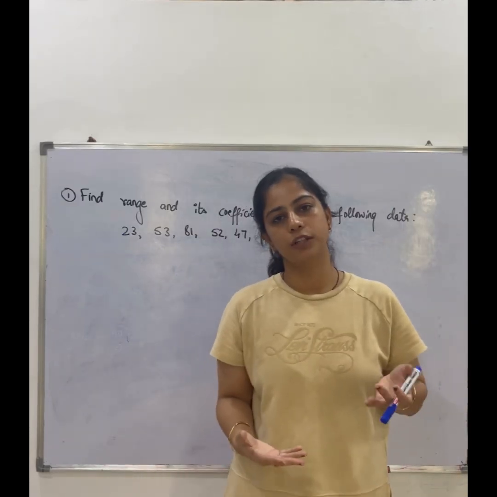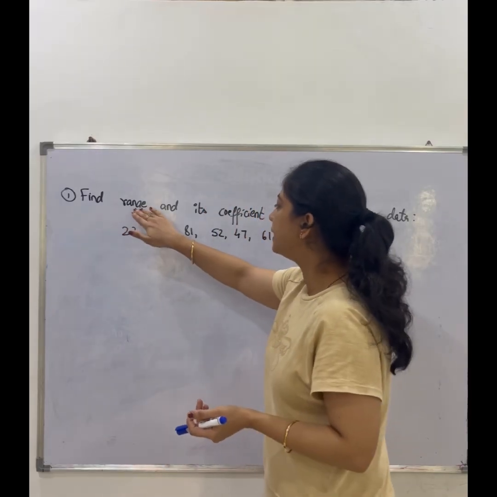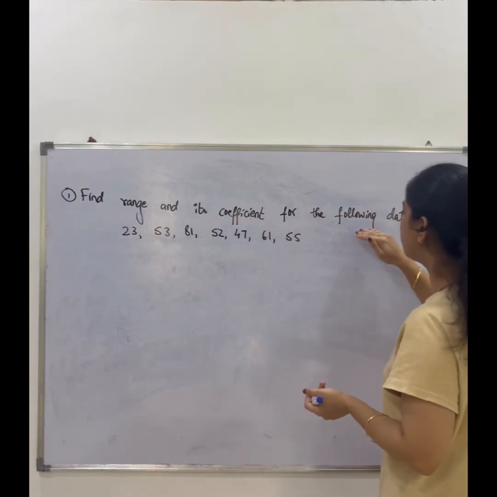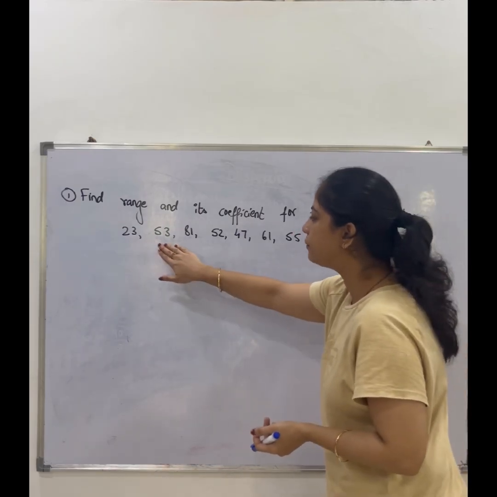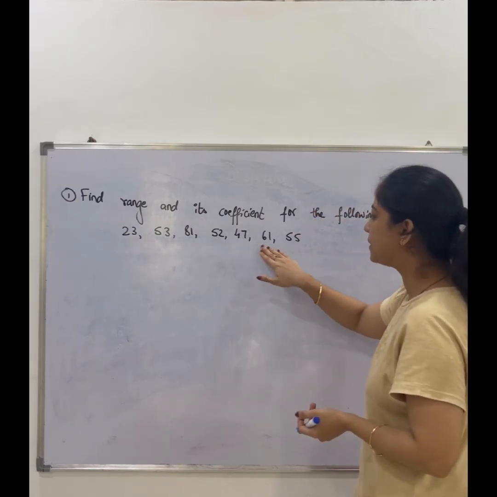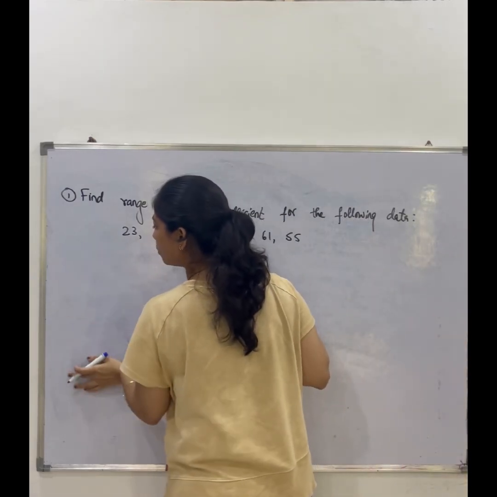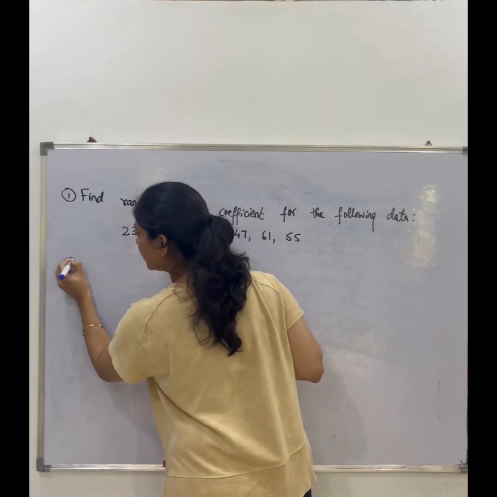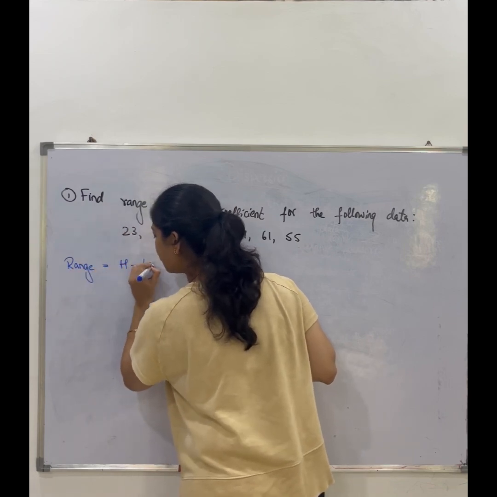Let us have a look at the problems based on the range. Let us consider the first question. Find the range and its coefficient for the following data. These are the set of observations: 23, 53, 81, 52, 47, 61 and 55. What is the formula for range? First you write down that range is equal to highest minus lowest.